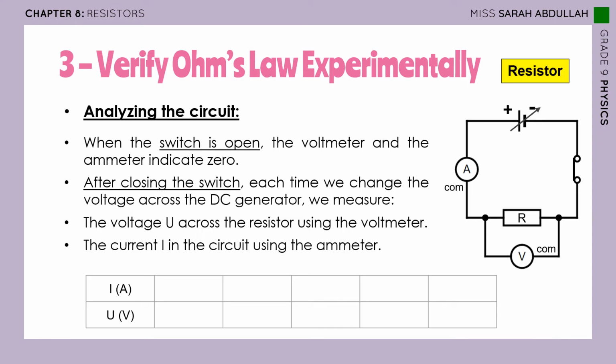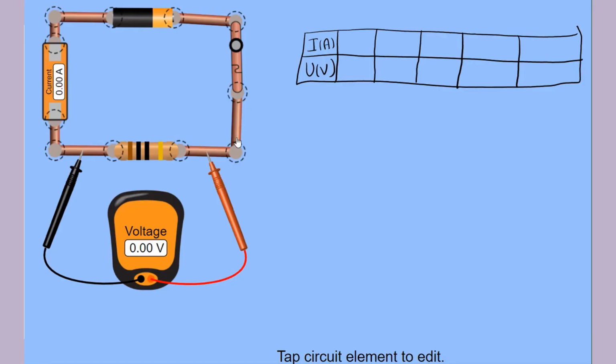Now, we will build this circuit in this simulation, which consists of a DC power supply, a resistor, an ammeter in the circuit to measure the current, and a voltmeter across the resistor. So just simply click on the simulation and let's get going.